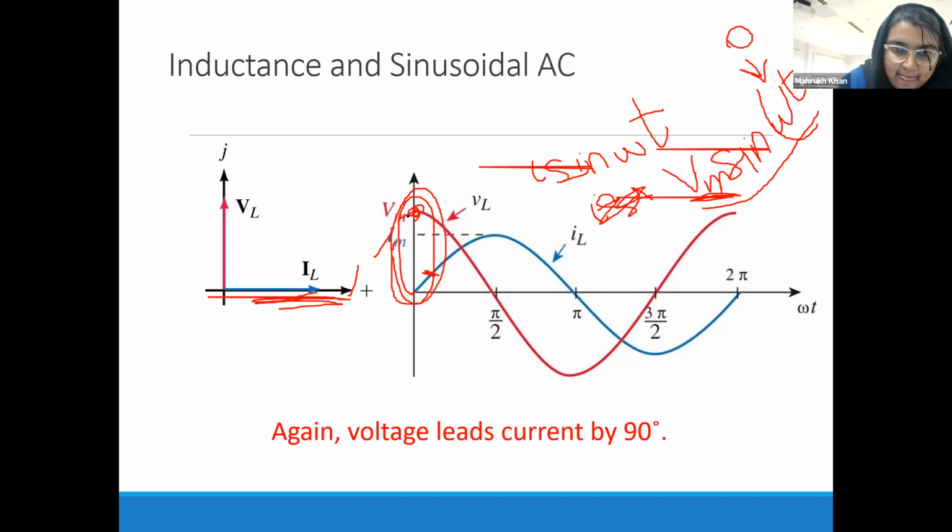So I was wrong before, but if this is plus 90, this means your voltage is leading your current by 90 degrees. If I say that this is minus 90, let's say, Vm sine minus 90 is minus Vm, so it will start like this.